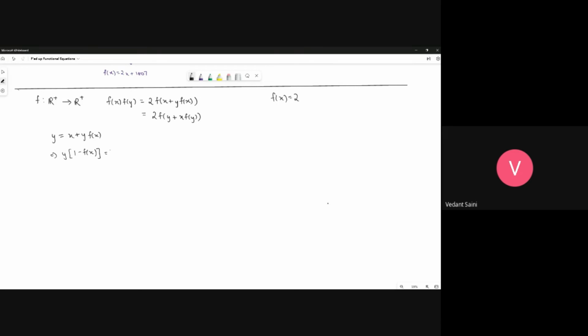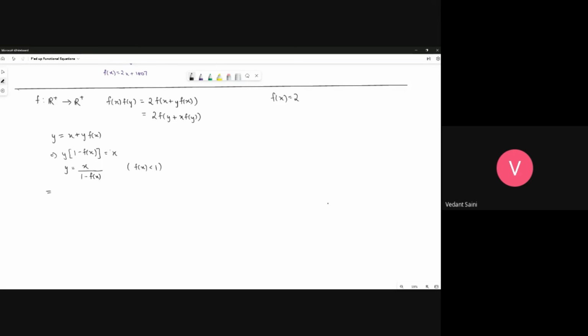This is x. y equals x over 1 minus f of x. This can only work if f of x is less than 1, because we have the functional equation from positive reals to positive reals, so y can't be negative. It only works if f of x is strictly less than 1.